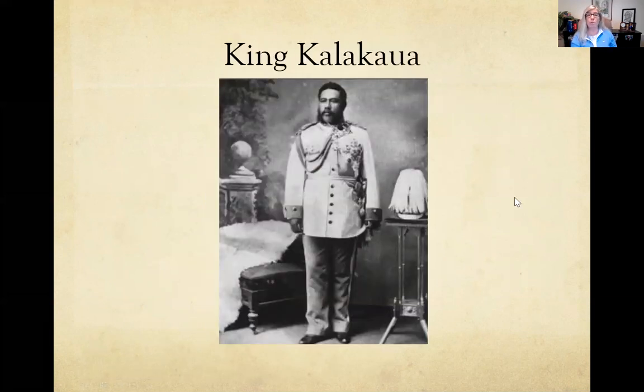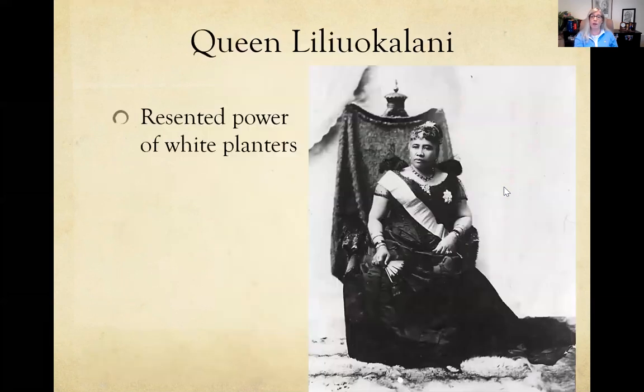So here's the king, who had been more accommodating to these American influences on his islands, King Kalakaua. And he died suddenly. And when he died, his sister became the ruler, and her name is Queen Liliuokalani. I like to call her Queen Lil because her name is hard to pronounce.